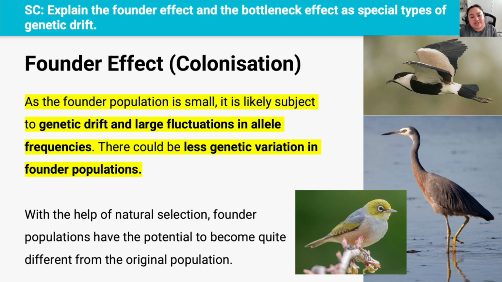When you combine this with the fact that the founder populations are in a new environment, New Zealand being its own environment, with different selection pressures acting on the new gene pools, you can see that the founder population has the potential to become quite different from the original populations.